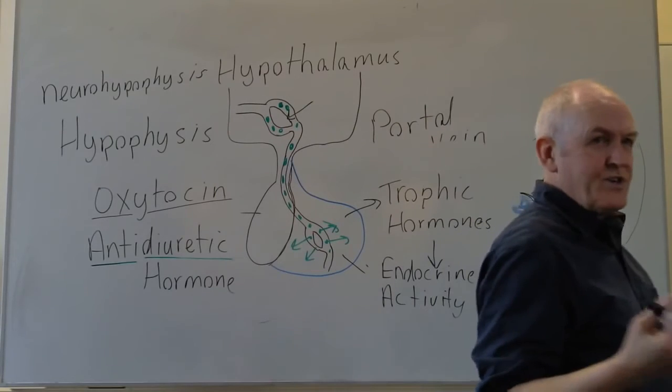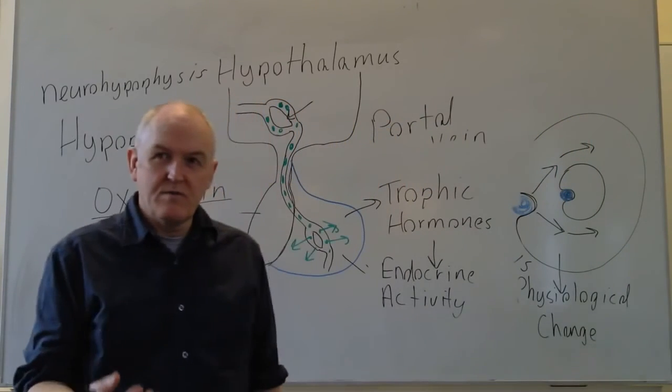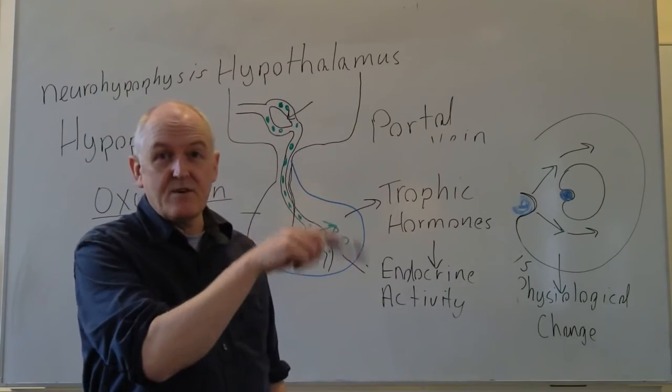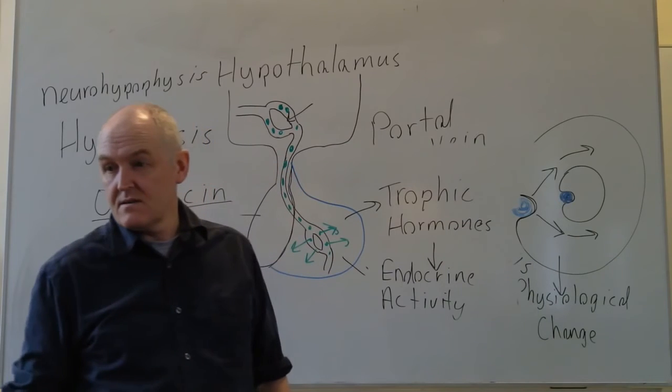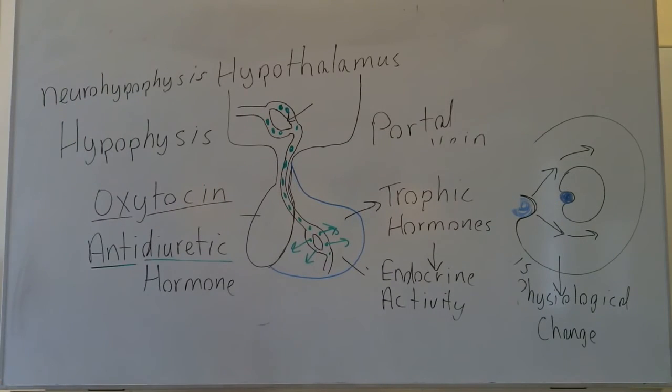So the more water you want to conserve in the body, the lower you want urine volumes to be. Can you see that means the more antidiuretic hormone has to be released from the posterior lobe of the pituitary gland, from the neurohypophysis. So it's an anti-diuretic hormone.